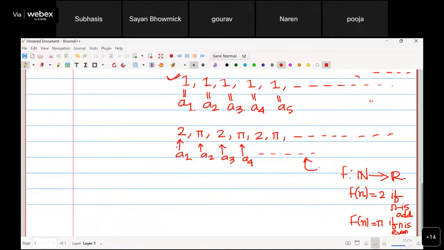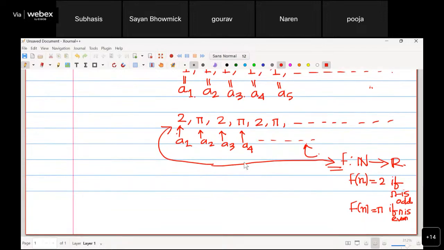So I am representing this sequence as a function. This and this are basically the same.